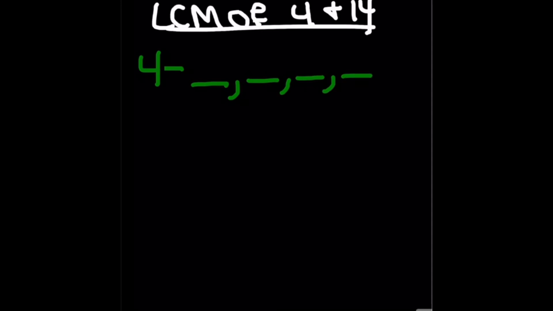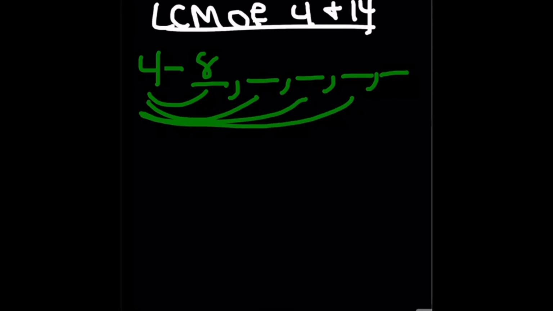Again, sometimes when you get really good at your facts and your multiples, it gets even easier. I'm not going to write all these out, but you can do 8, 12, 16, 20, 24, and let's do one more, 28.